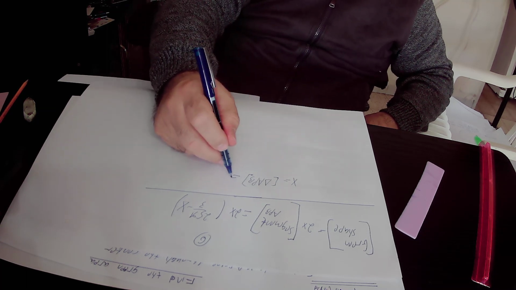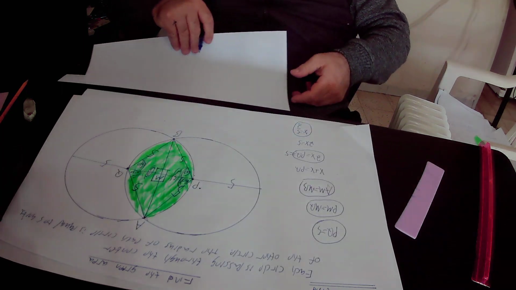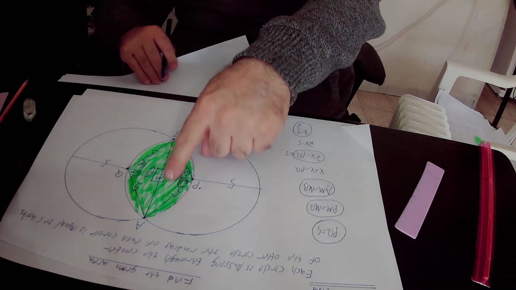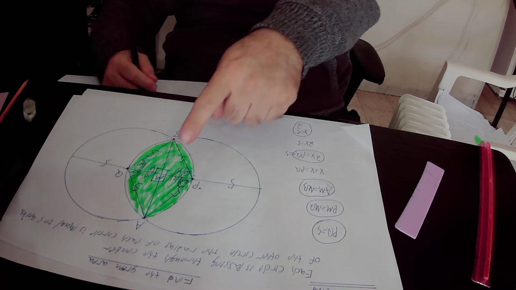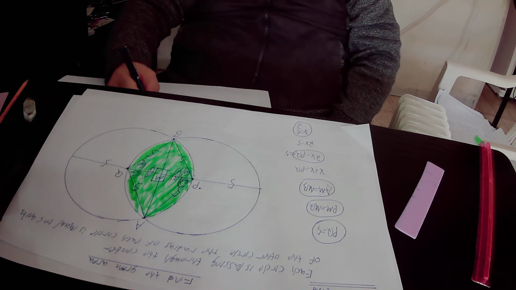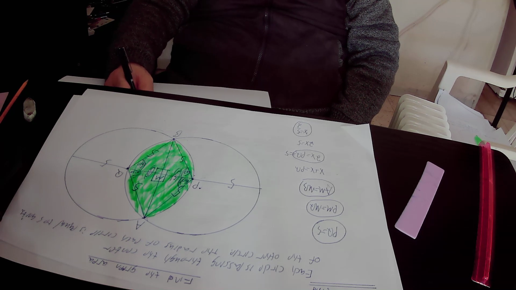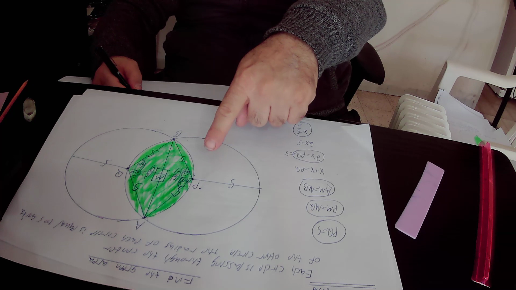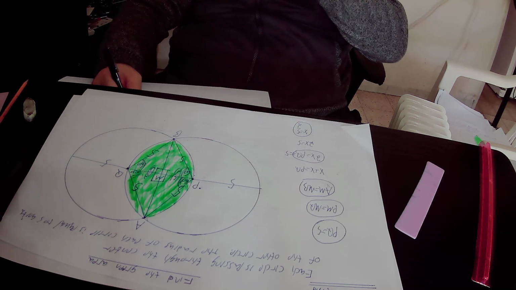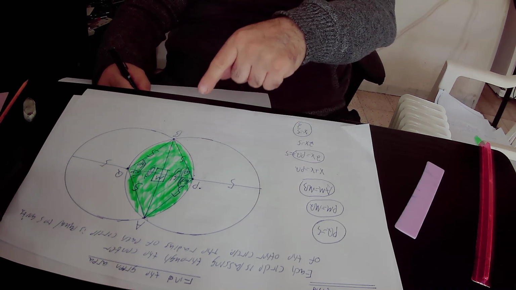So the area of triangle APB will be equal to the base of the triangle, that is AB, times the height to the base, that is PM, over 2.